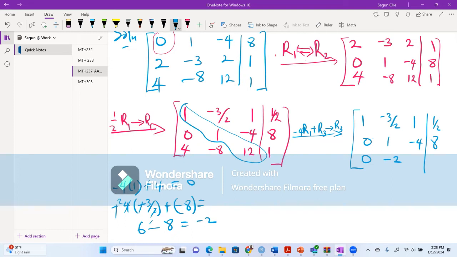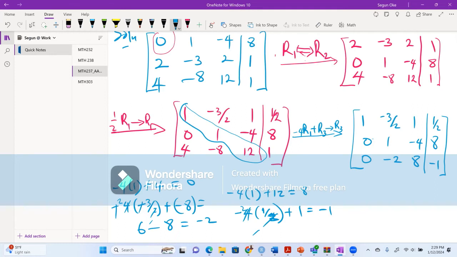Then the last one is -4 times 1 plus 12, which equals 8. Then the augmented side is -4 times 1 over 2, plus 1: here 1, here -2, so we have -1. So we have a new matrix.